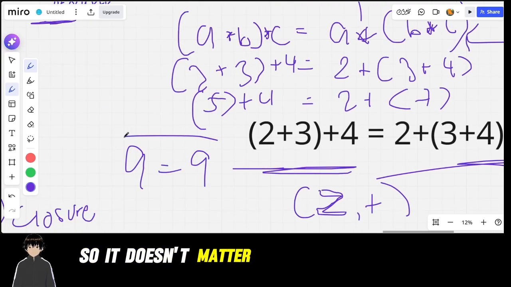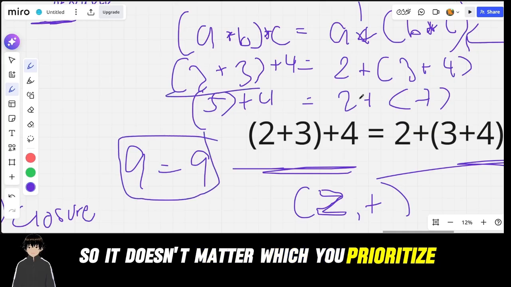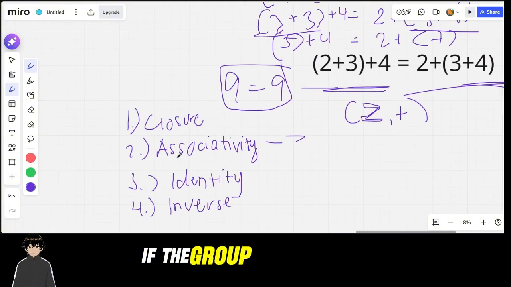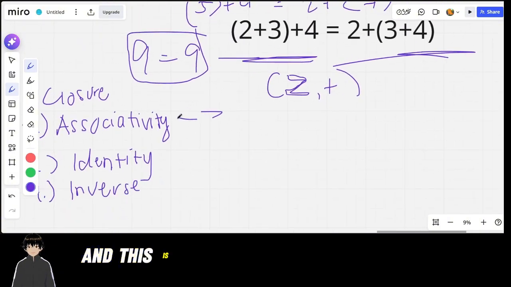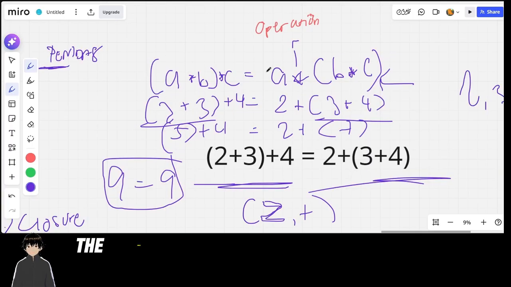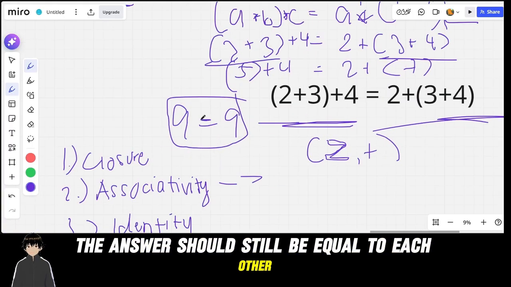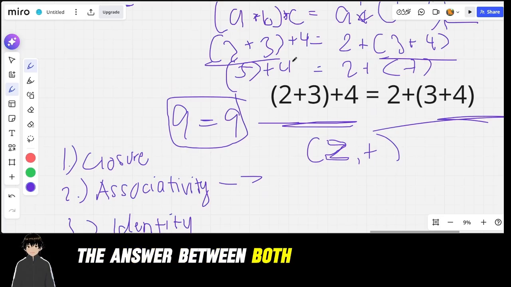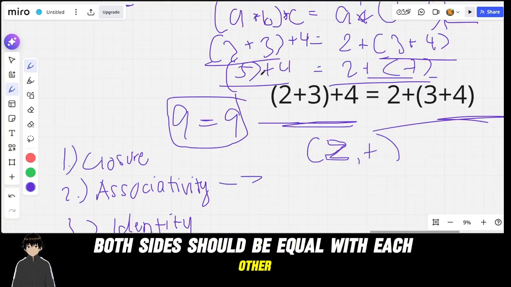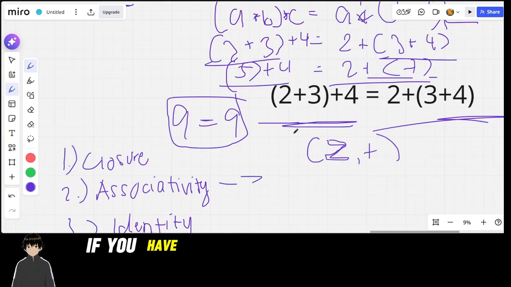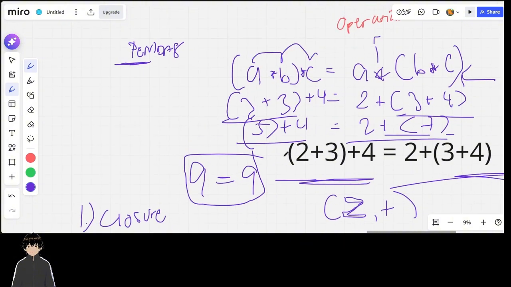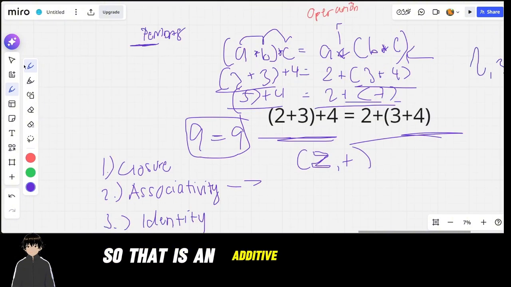So it doesn't matter which you prioritize in this equation. If the group is associative, and this is called additive associativity, the answer should still be equal on both sides if you have three numbers. So that is additive associativity.